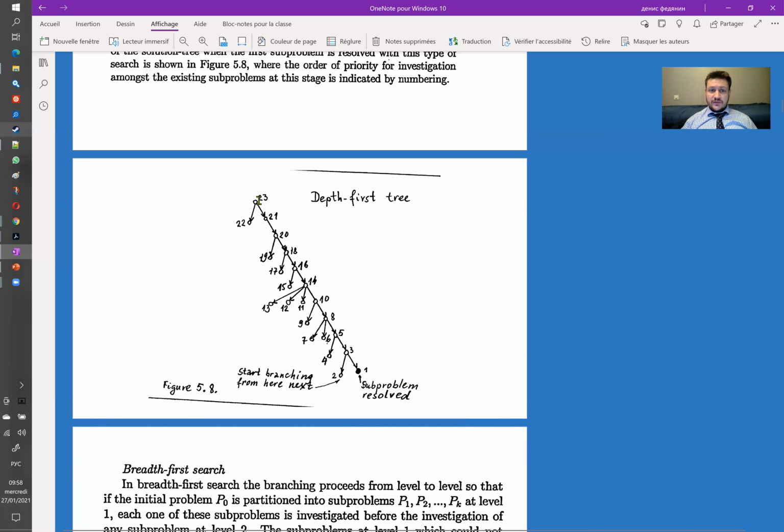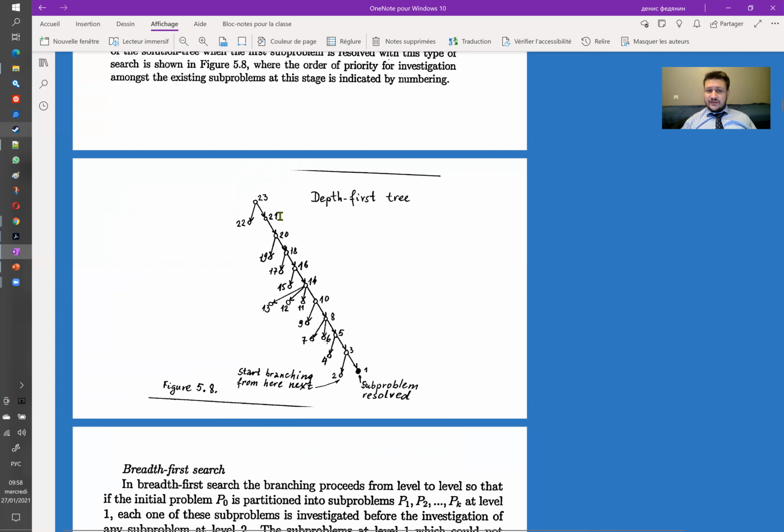So this is some kind of bound. So when we have not solved this problem, we think that the minimal solution is less than 23. Okay, but maybe we can do better. This variant 22 and this one 21.